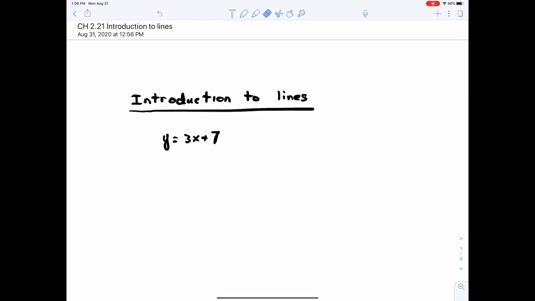How about this? That is not a linear equation. Why? It may look like the variable's to the first power, but it's got absolute values around the variable.